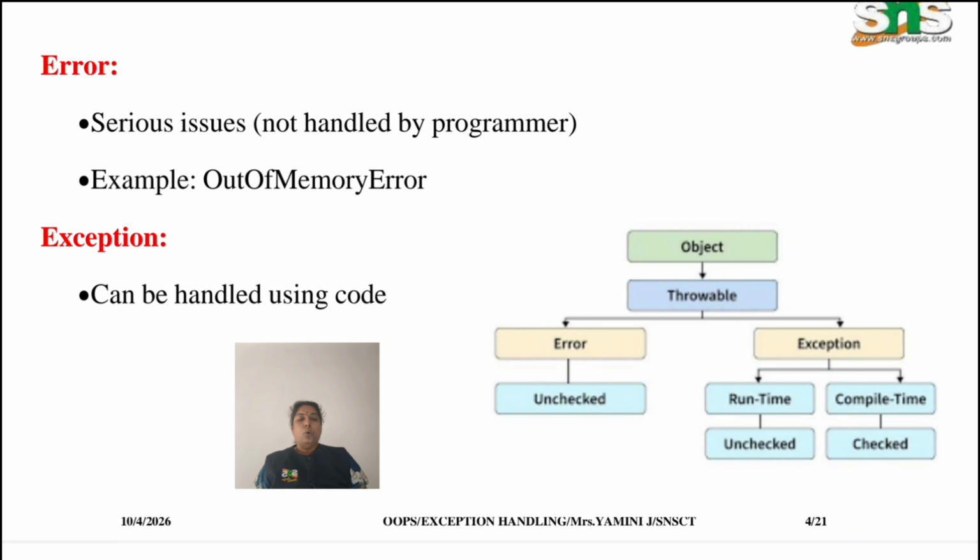If they are not handled, the program will not compile successfully. For example, IOException, SQLException, and FileNotFoundException. Checked exceptions are predictable. Java forces the programmer to handle them using a try catch block or the throws keyword.